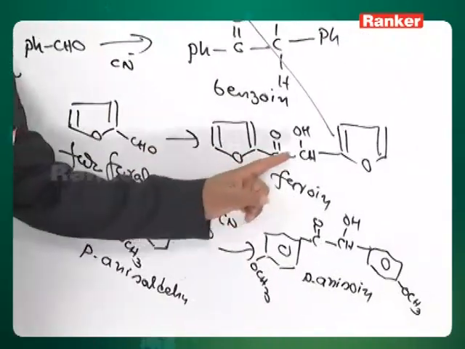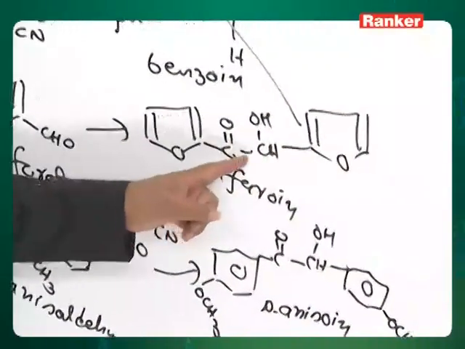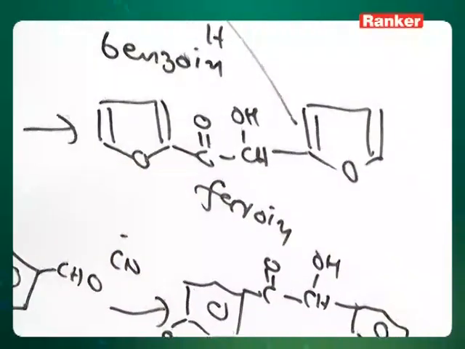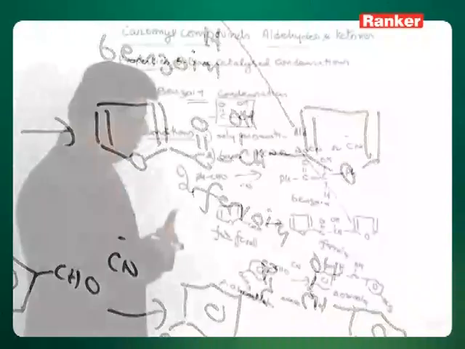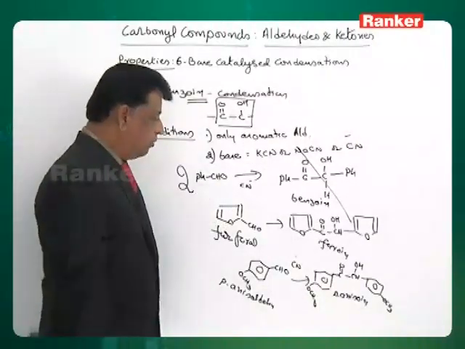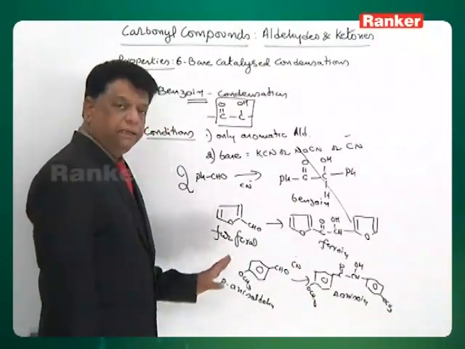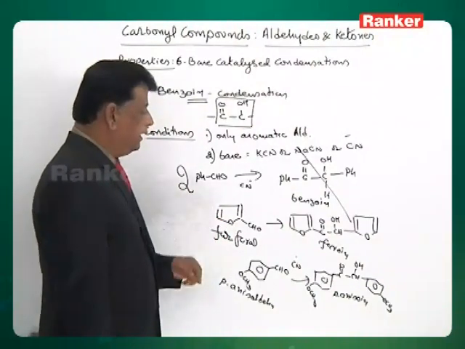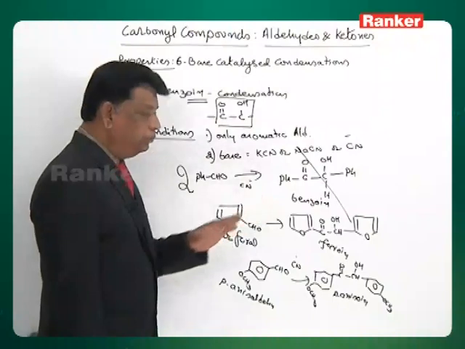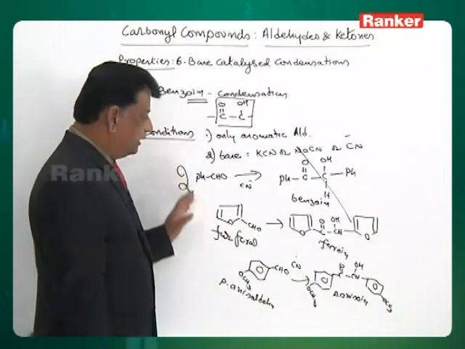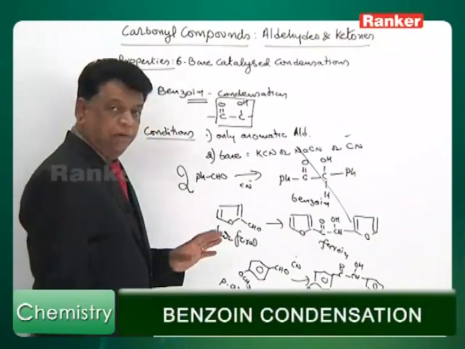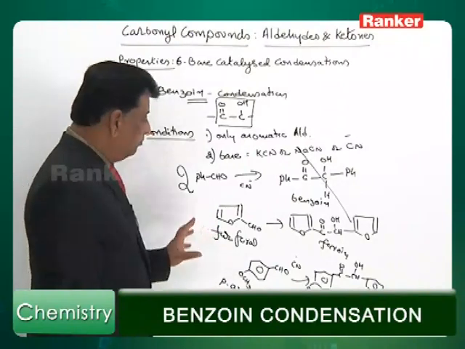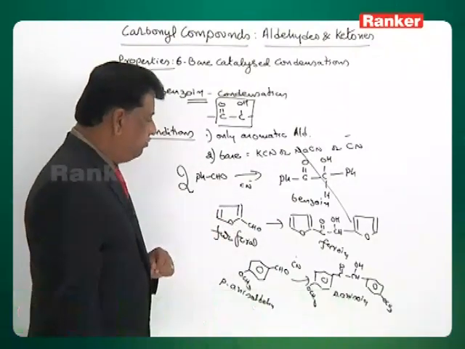See, one carbonyl, another carbonyl, a new CC bond is generated, molecules will join up to become a bigger molecule. So, it is a condensation in which two molecules join, no doubt, but not by eliminating water, they just joined. And let us see exactly how the mechanism is bringing about this type of benzoin formation.